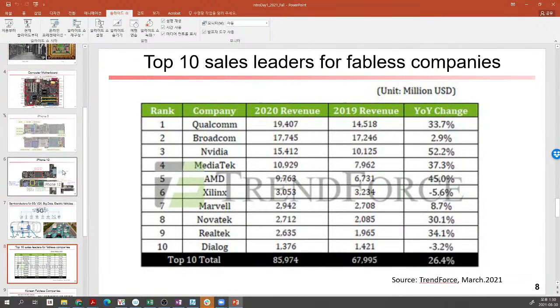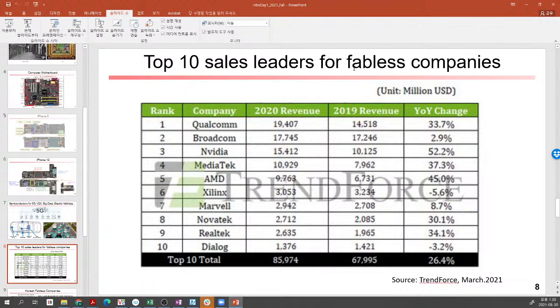Okay. So if you look at the top 10 sales leaders worldwide, this is the list of Fabless companies. Fabless means they don't have a fabrication factory. They just design a circuit and deliver that circuit to a company that actually fabricates and makes the chipset.